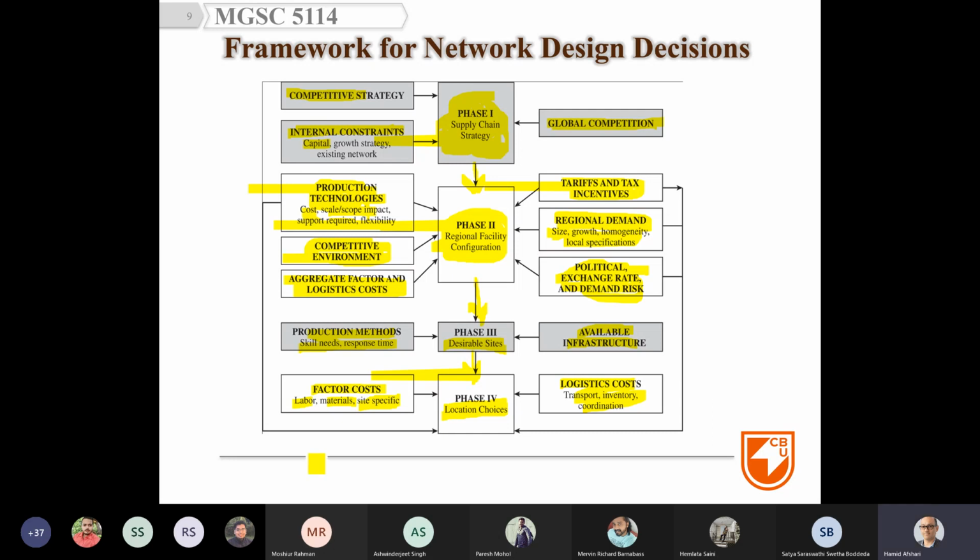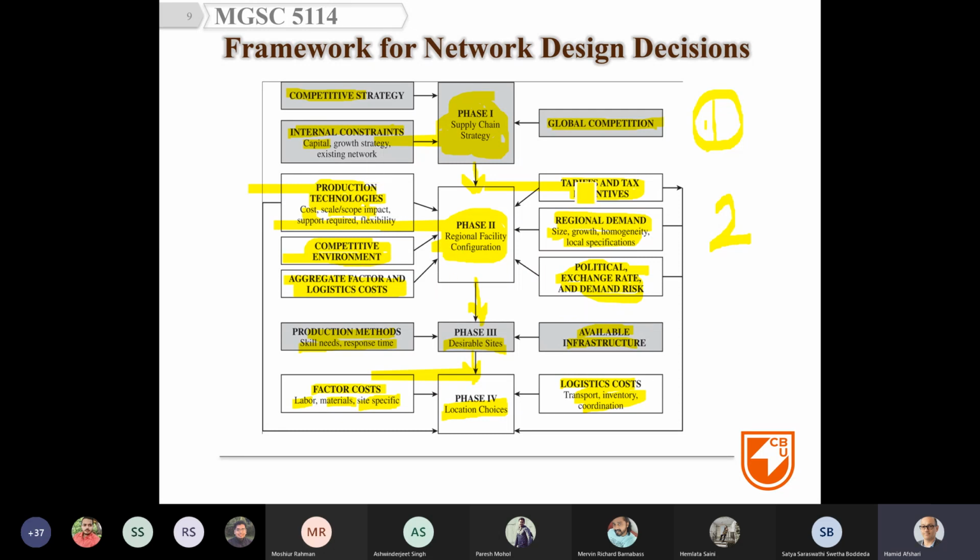As you can see, we started from a very high level. Step number 1, very high level: we decided what our capability is. Should we enter a new market? Should we establish a new production line or not? If we decide to establish one, then we say which regions are better, which countries we want to enter, and what the different options are.